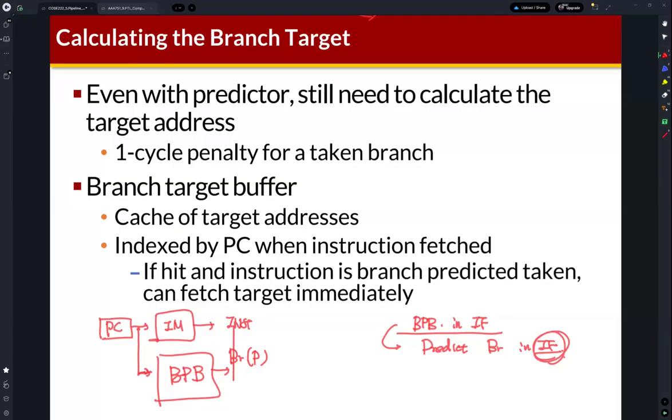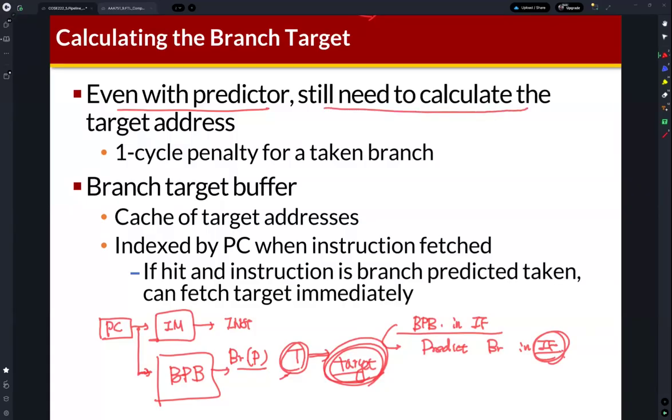Okay, then we can get the predicted result of the branch instruction. So we can predict, but what else is required? If the branch is predicted as taken, then we need to jump to the target of the branch instruction, right? Which means we also need to know the target of the branch instruction. So even with the predictor, we still need to calculate the target.